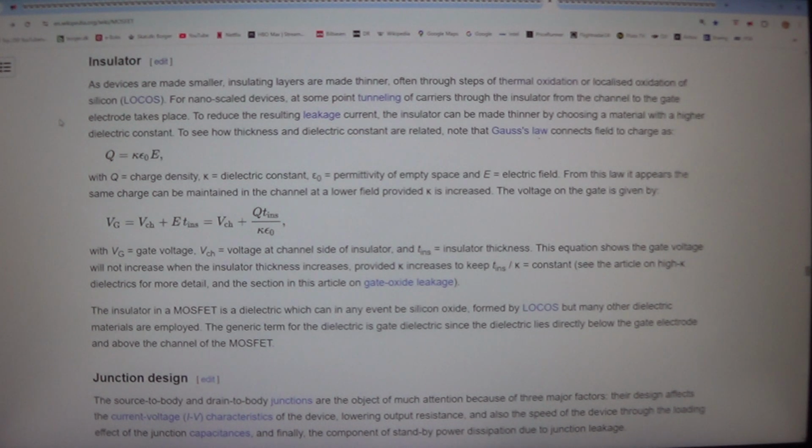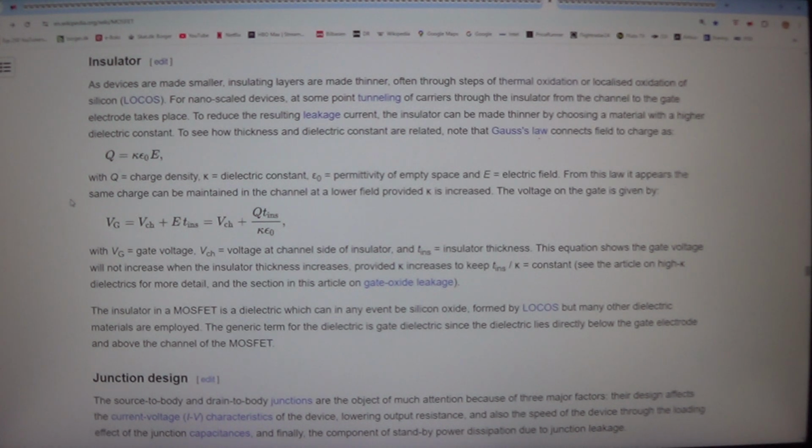To see how thickness and dielectric constant are related, note that Gauss's law connects field to charge as Q equals kappa epsilon sub 0 E, with Q equals charge density, kappa equals dielectric constant, epsilon sub 0 equals permittivity of empty space and E equals electric field. From this law it appears the same charge can be maintained in the channel at a lower field provided kappa is increased.